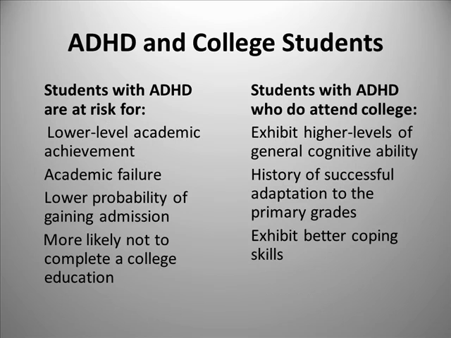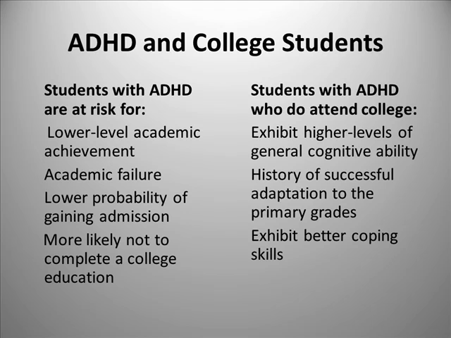So let's look at ADD. We've been talking about LD in college students. Let's look at ADD in college students. Overall lower level of academic achievement, high rates of academic failure, lower probability of getting admission, not likely to complete a degree. Those students that are higher functioning literally leave a portion of the ADHD population in the dust.